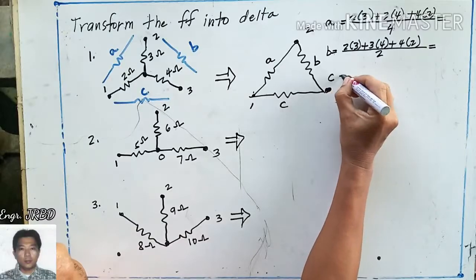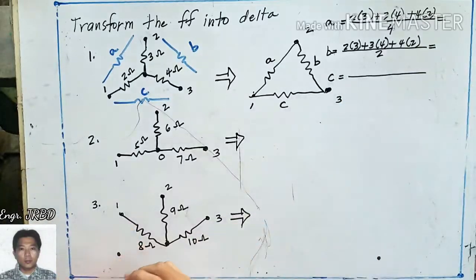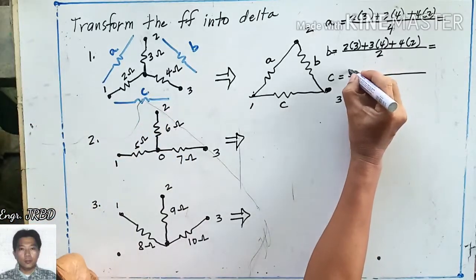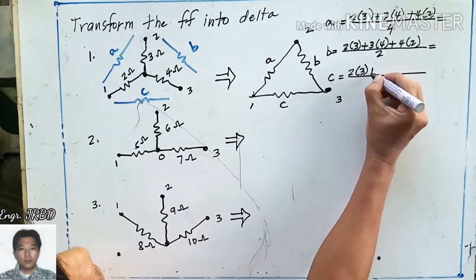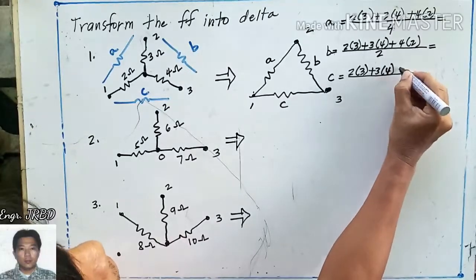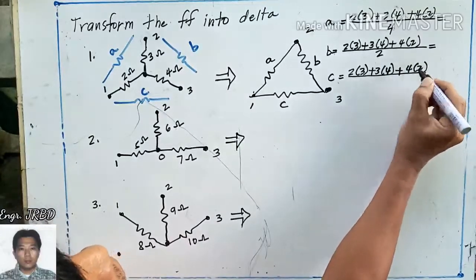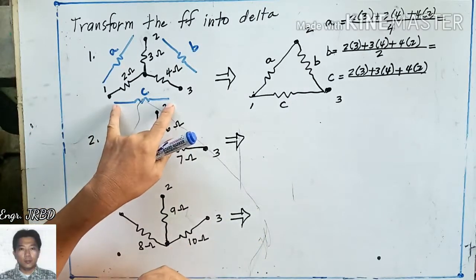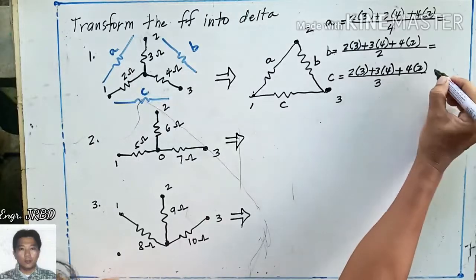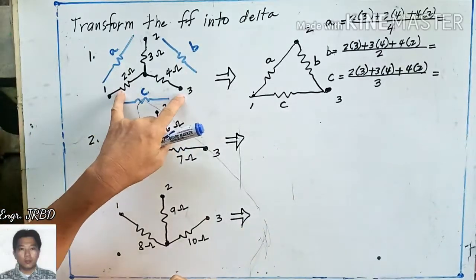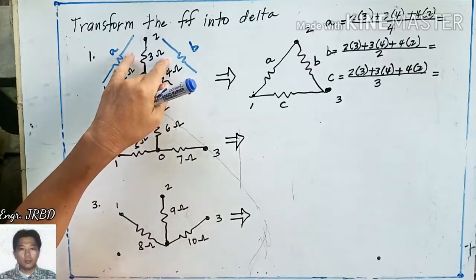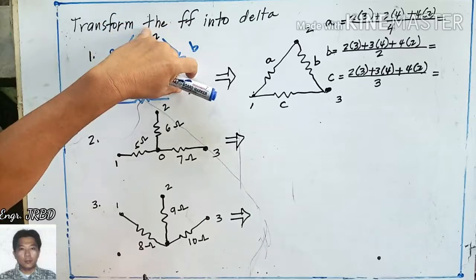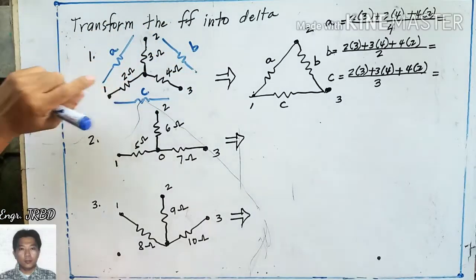And for C, the same numerator, that is 2 times 3 plus 3 times 4 plus 4 times 2 divided by the opposite leg, which is 3 ohms. We have used legs 2 and 4. So the third unused leg is 3 ohms. The same is true for leg B. We have used legs 3 and 4. The one we did not use is 2 ohms.